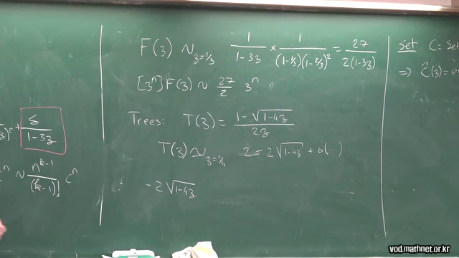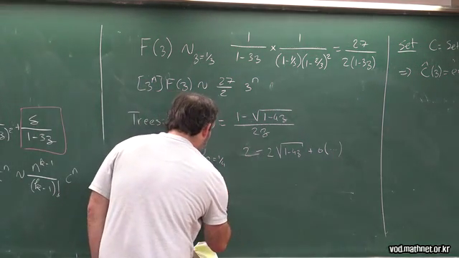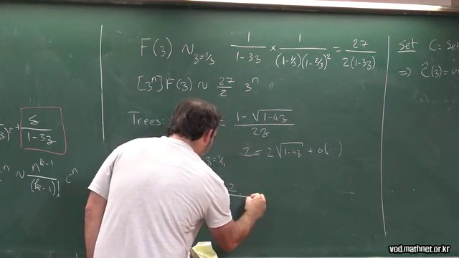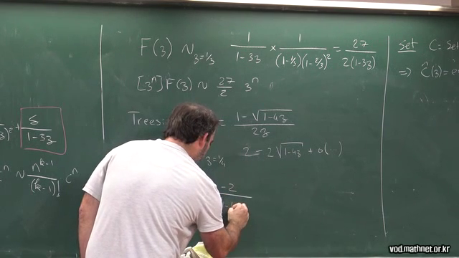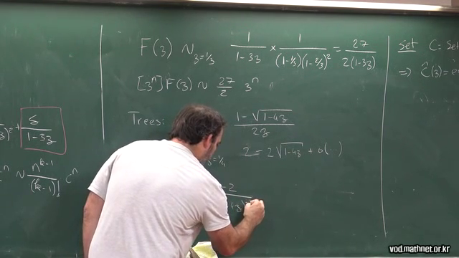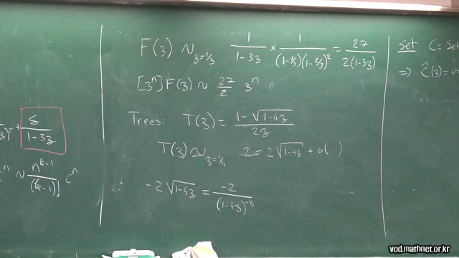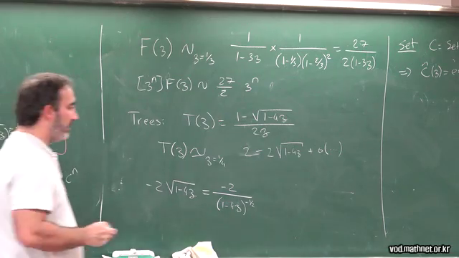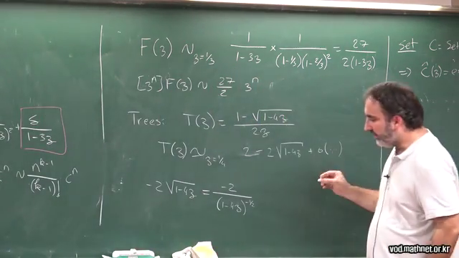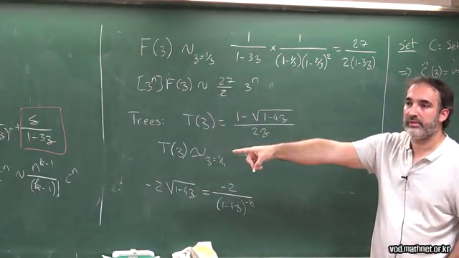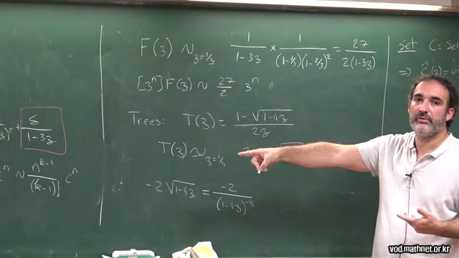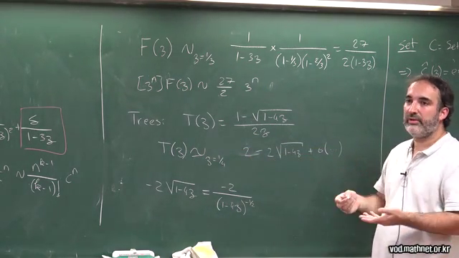I'm going to say that this is minus 2 over 1 minus 4z to the minus 1/2. It's a bit complicated, but it's just to have the same kind of formula. And it's incorrect, but I will apply this equivalent. I have no mathematical reason to say it's correct, but let's try.